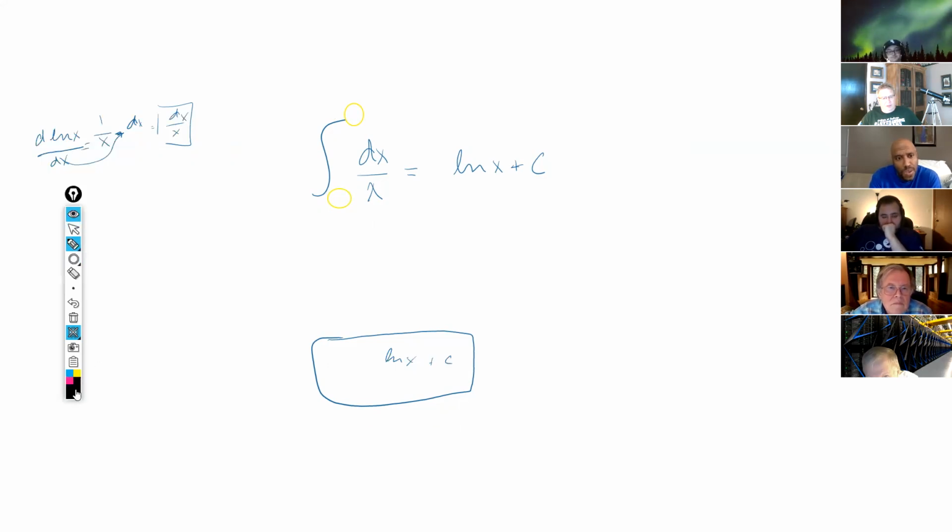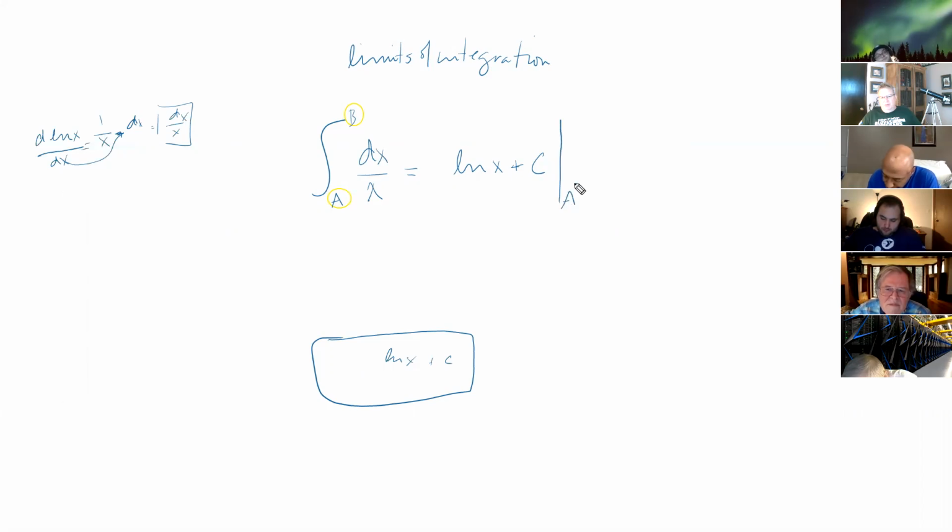Yeah, those are called the limits. They define the domain of integration. I'm integrating this function from here to here. And when I actually have a limit, let's say a to b, I would put a to b over here like this.